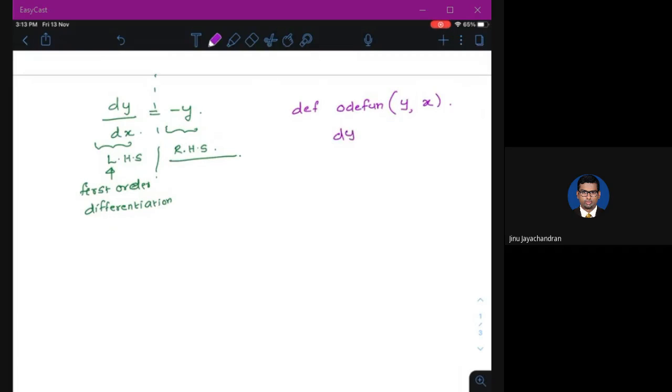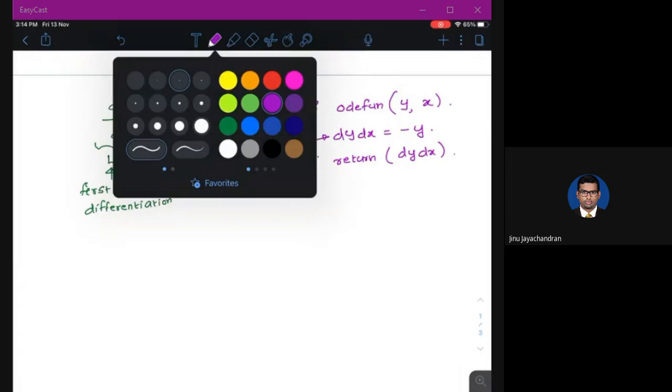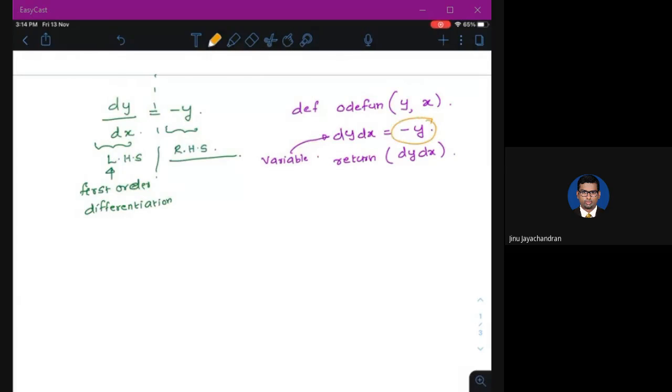So your dy by dx is equal to minus y, and you return dy by dx. So dy dx is actually a variable. This is not actually your dy by dx, I'm just naming it as a variable. Okay. So basically, you are returning the right hand side, which is this.